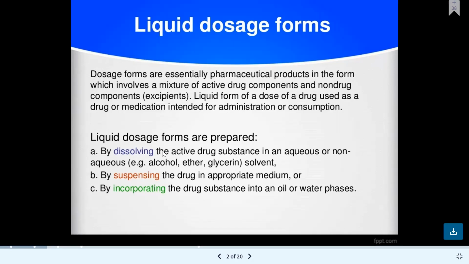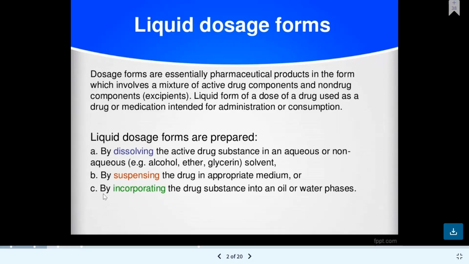Liquid dosage forms are prepared by dissolving the active substance, which is your active component, in aqueous or non-aqueous solutions. These may be alcohols, ether, glycerin, or other solvents. The second is by suspending the drug in an appropriate medium.